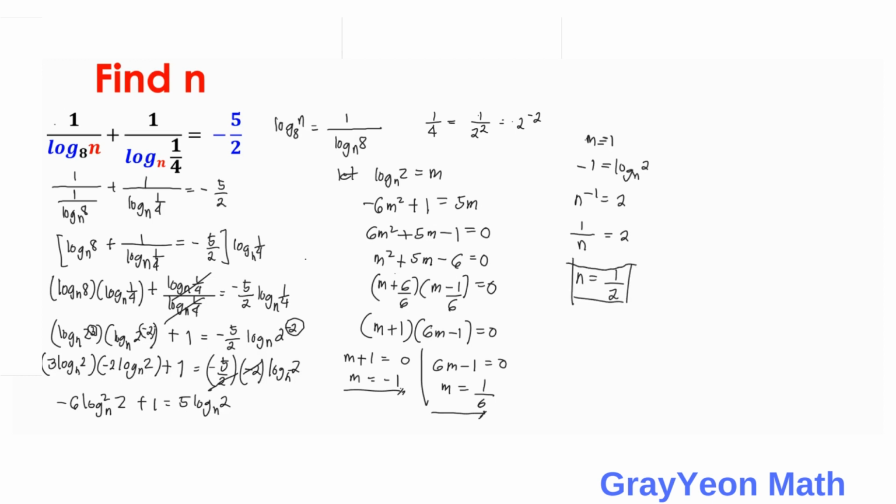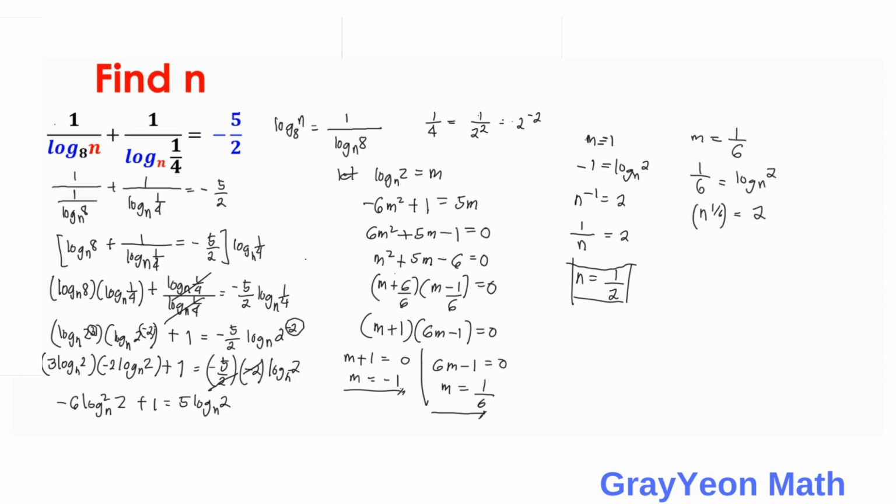That is an answer. The other answer could be m is equal to 1/6. So 1/6 is equal to the logarithm of 2 to the base n. So this becomes n raised to 1/6 is equal to 2.